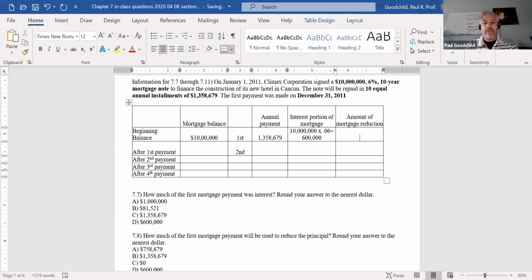So for the amount of the reduction in the mortgage, we subtract that 600,000 from the 1,358,679, and that's 758,679.